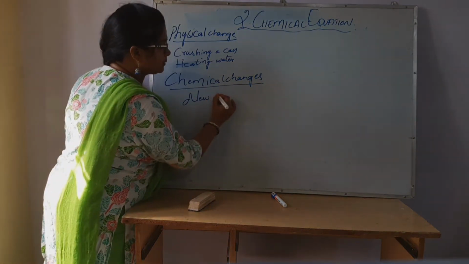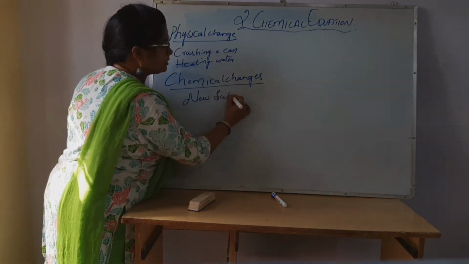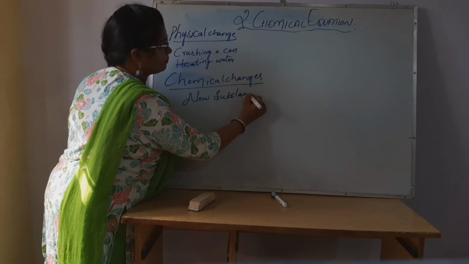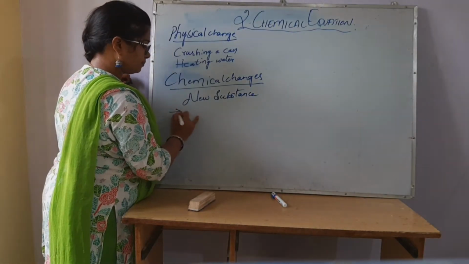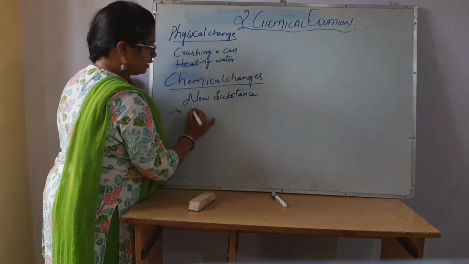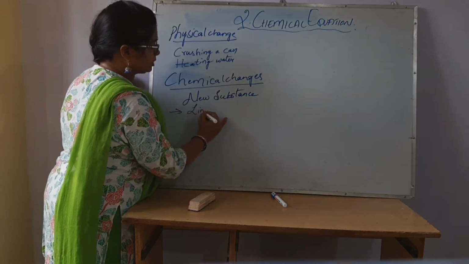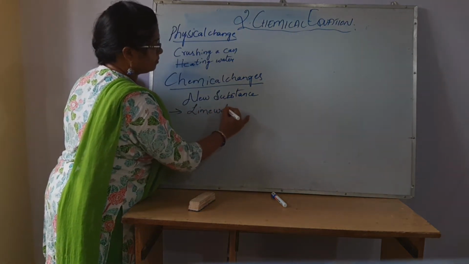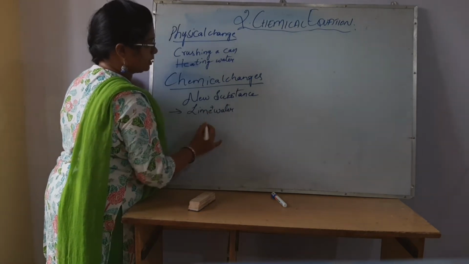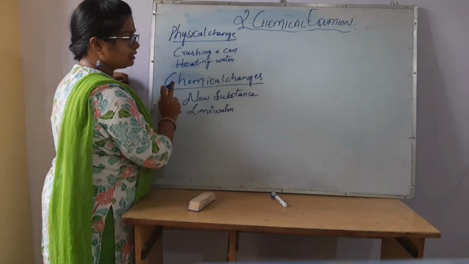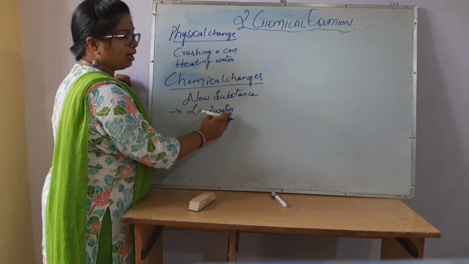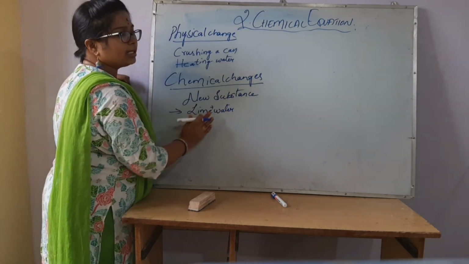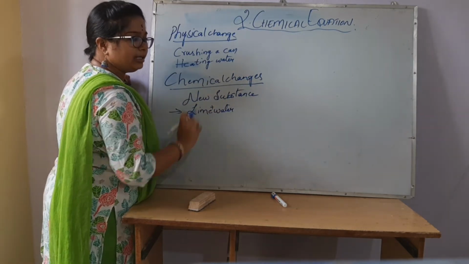A new substance is formed, that is, you can say the product. Like lime and water: if you mix them, it becomes lime water. It's a chemical change, isn't it? It does not look like lime, or like water. Something completely different has come.